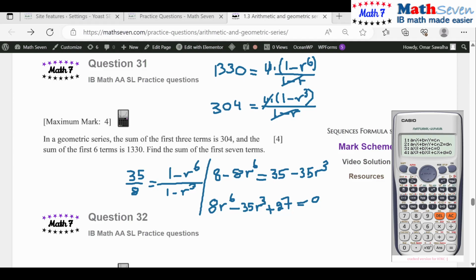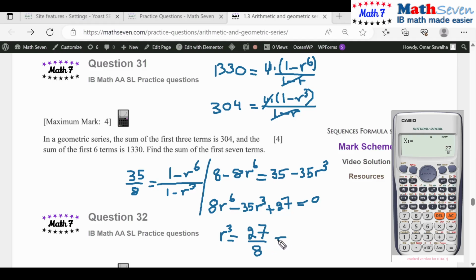That means it becomes a quadratic in x. So I'm going to use the third option: 8, minus 35, 27. You get x, which is r cubed, equals 27 over 8.